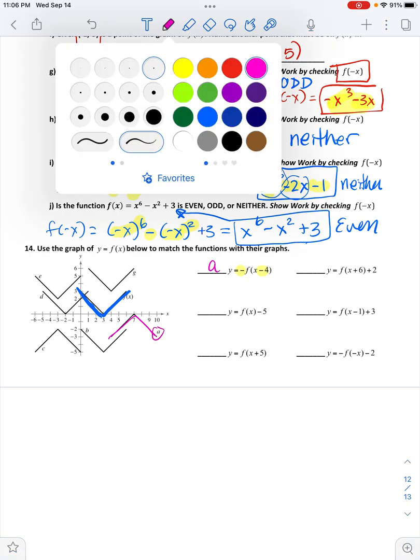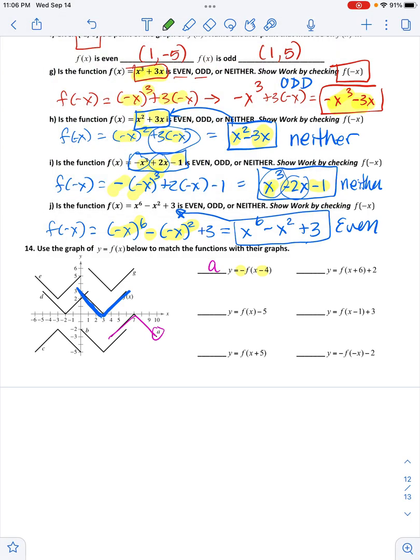Okay, how about the second one? The second one is saying that it's going to go from this to the left 6, and this is up 2. And it's all starting with the blue one.